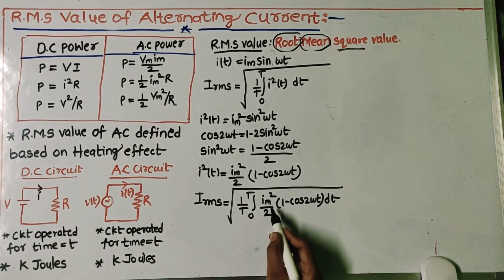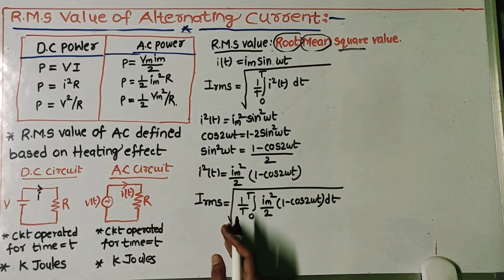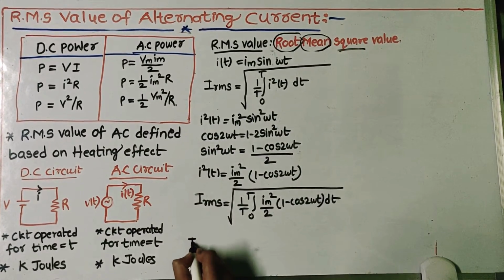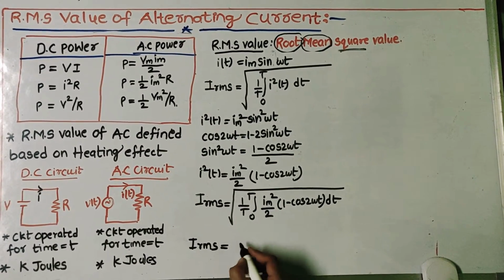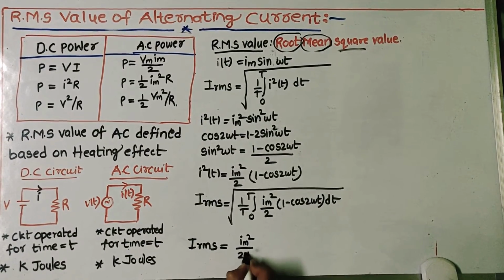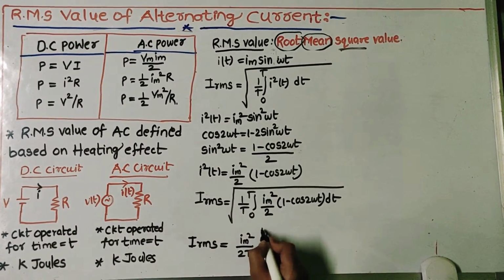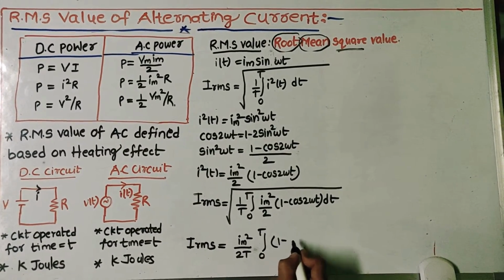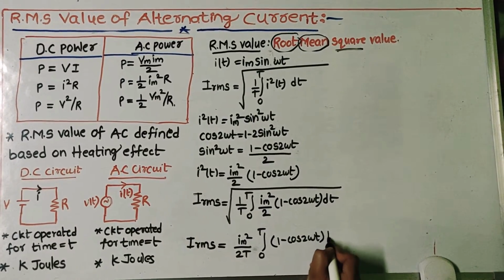Then here Im square by 2 is a constant. You can take it out from the integration. So while you are doing integration, if you take it out from the integration, it can be written as Im square by 2T integral 0 to T of 1 minus cos 2 omega t into dt.